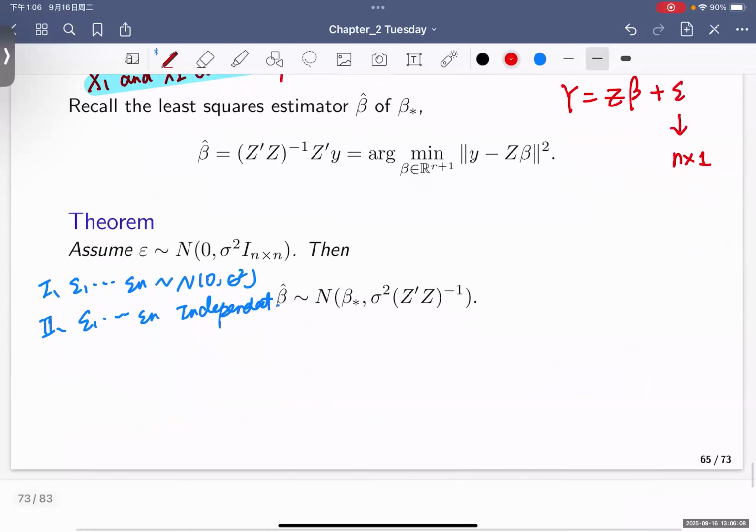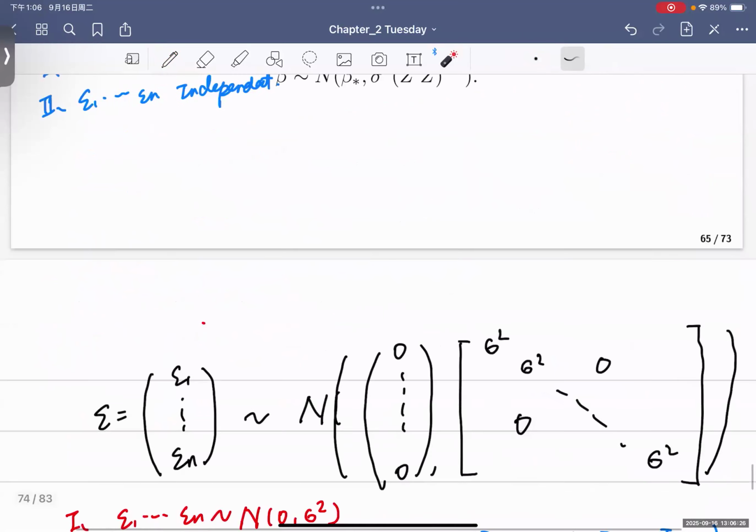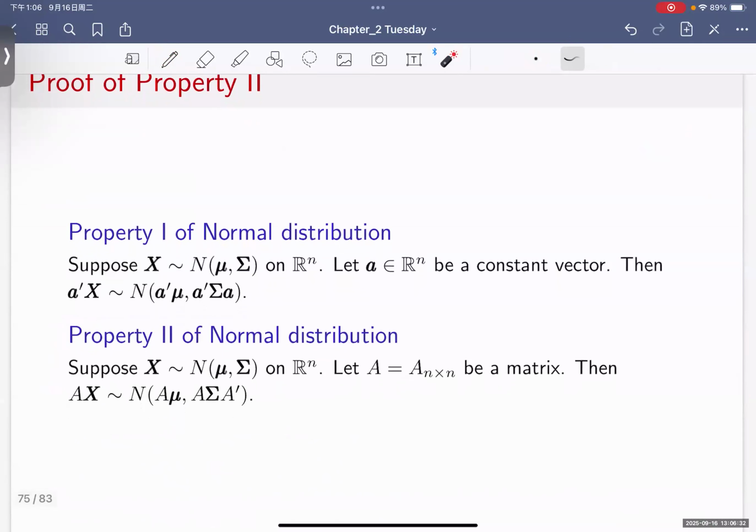Now, my question is, how do we find the distribution of beta hat? We now understand the assumption, and our next thing is how we find beta hat. Now I put the two properties together, and I also write down epsilon and the value of beta hat here.